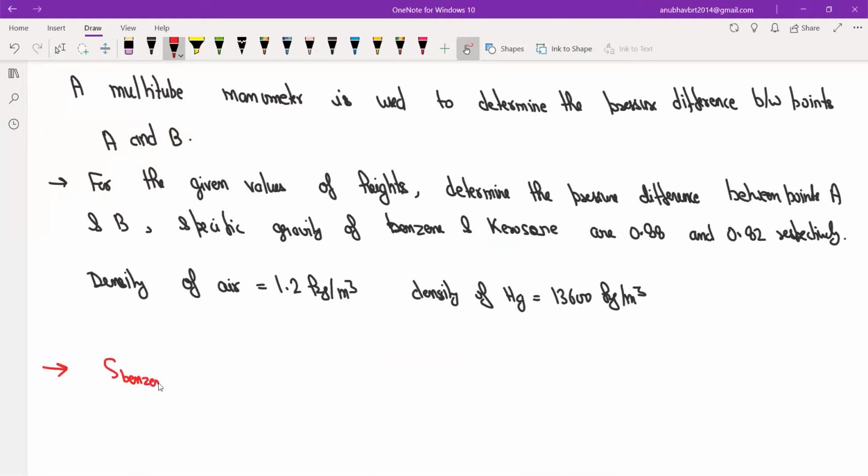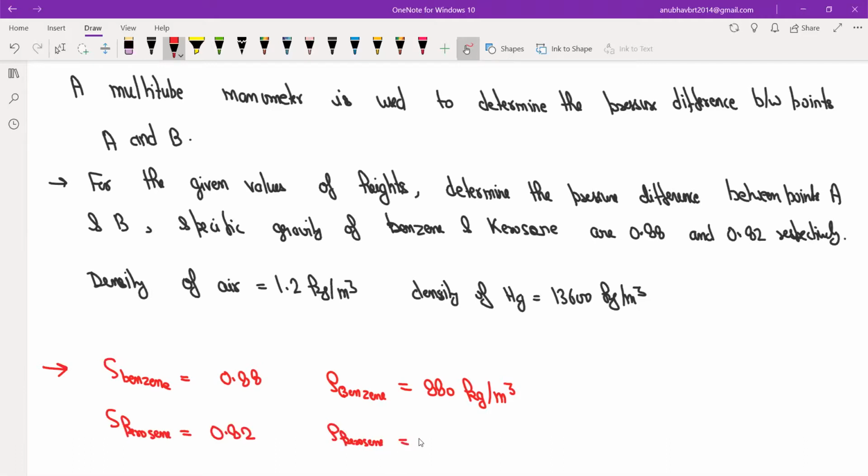Specific gravity of benzene is equal to 0.88, so the density of benzene is equal to 880 kg per meter cube. Specific gravity of kerosene is equal to 0.82, so the density of kerosene is equal to 820 kg per meter cube.